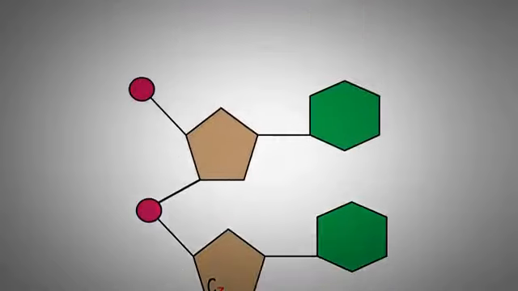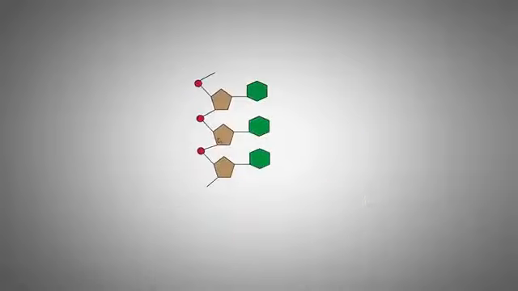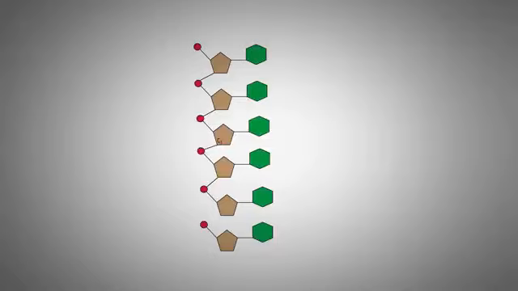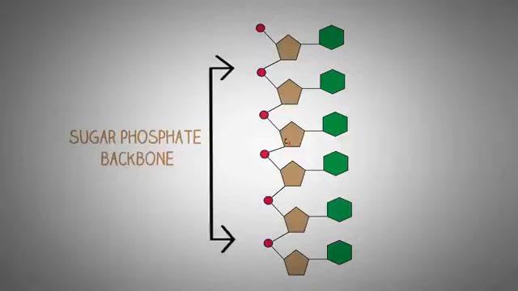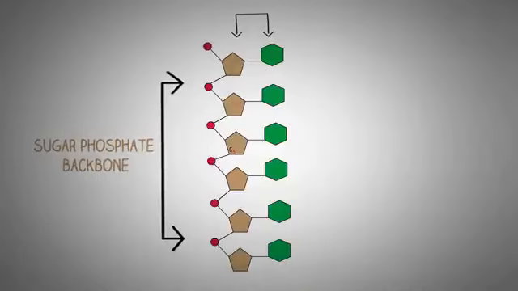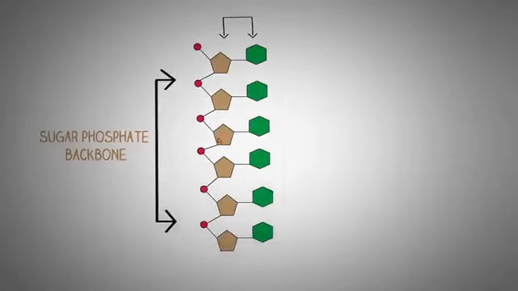So the phosphate groups form bonds both above and below the chain of nucleotides. As a result, a long chain of nucleotides is formed which consists of a sugar phosphate backbone, and in the center we have all these nitrogenous bases which project from the sugar phosphate backbone. Now this can be an example of RNA if the sugar present is a ribose sugar.